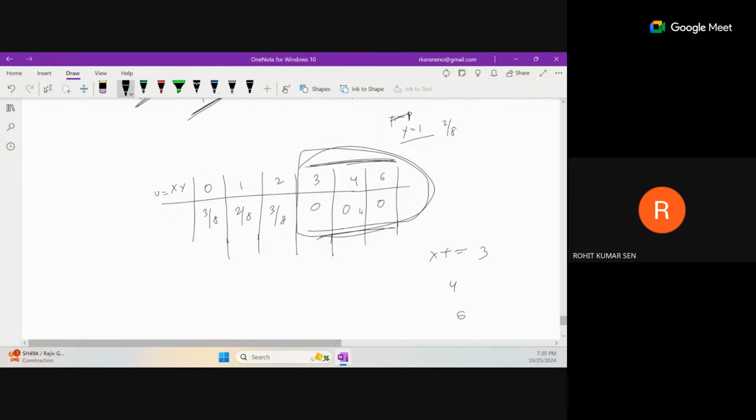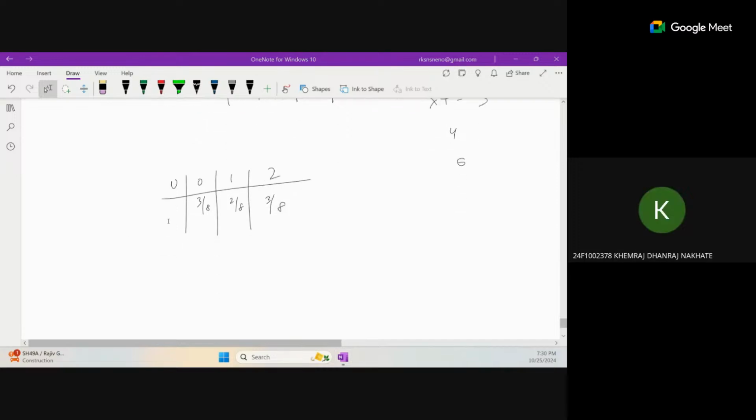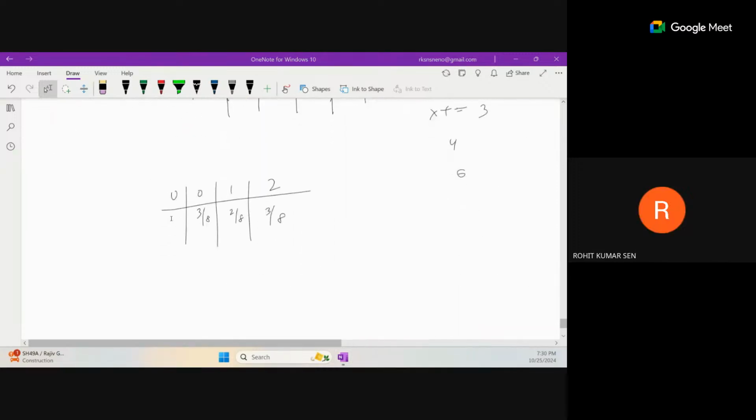The range is basically 0, 1, 2. The probabilities are 3 by 8, 2 by 8, 3 by 8. So this is my distribution of U. Is this question clear to everyone? Yes, sir. Okay.